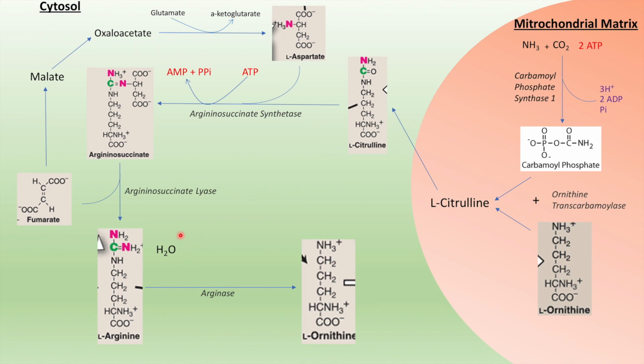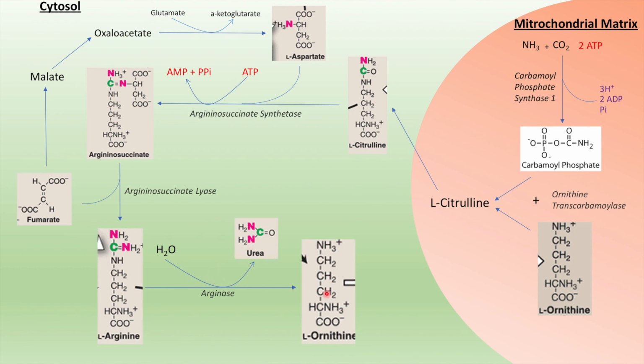Obviously, with the use of water, you also get urea as a byproduct, which is, remember we mentioned that we want to turn ammonia into urea, because that's the main objective of the urea cycle. So the cycle keeps on going and going until the body has gotten rid of enough ammonia and formed enough urea for the kidneys to get rid of the toxic waste that is urea.